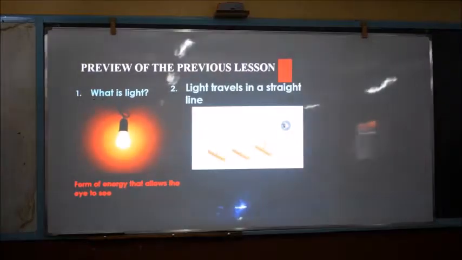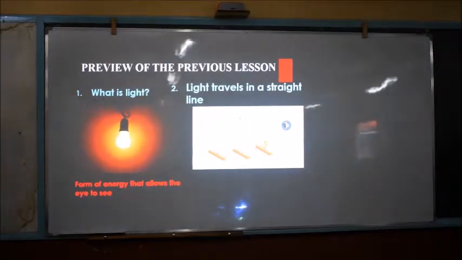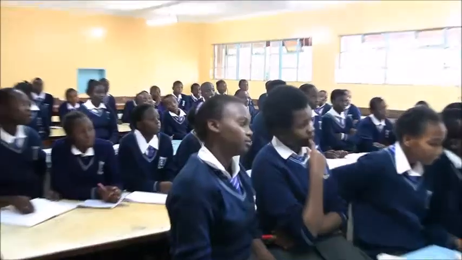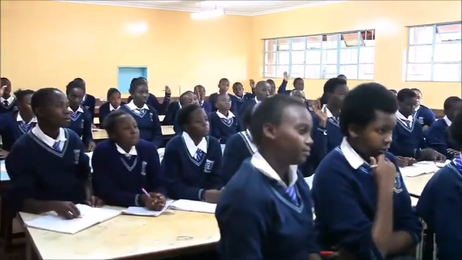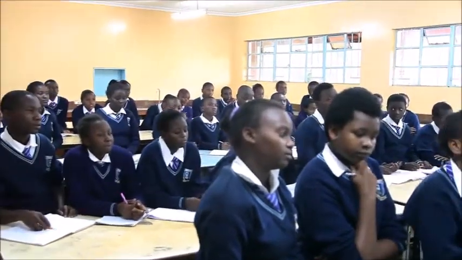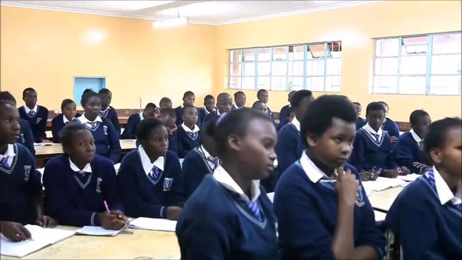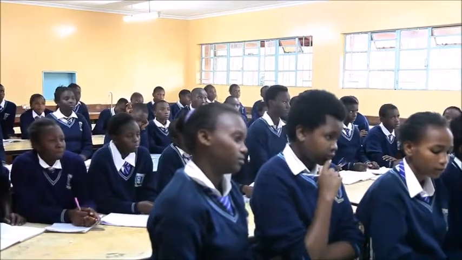However, when one of the boards, board C, is displaced sideways slightly, this person is not able to see this light. What name did we call this property of light traveling in a straight line? Yes, Diana? Rectilinear propagation of light. Very good. Rectilinear propagation of light.